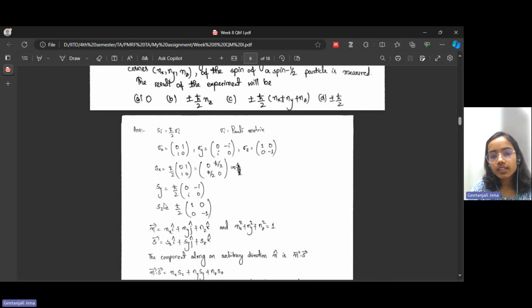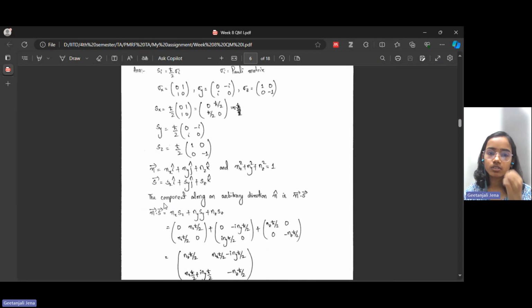Now n is given, n equal to nx i cap, ny j cap and nz k cap, right? And S is Sx i cap, Sy j cap and Sz k cap. Now in the question it was telling that you measure the spin angular momentum in n direction.